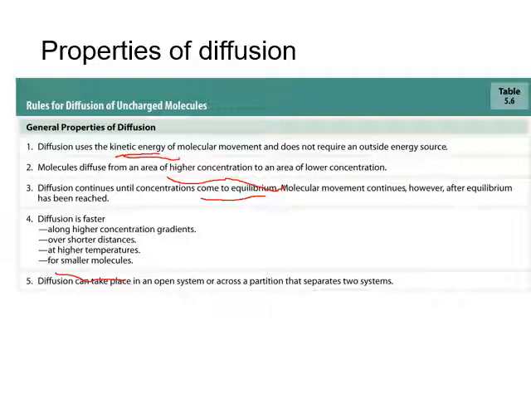Right, and this diffusion can take place in an open system, or what we're going to be mainly focused on, across a partition that separates the two systems. In this case, the two systems are the interstitial fluid on the outside of the cell, and the partition would be the plasma membrane, and the other solution would be the solution inside the cell, the intracellular fluid.